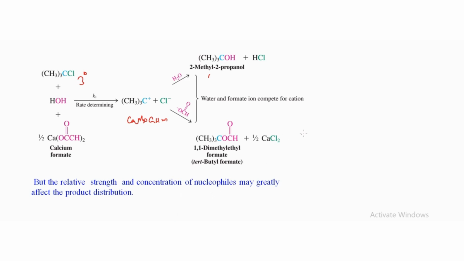Some of the substitution product may form in excess amount, or some will be in the lower amount, based on the strength and the concentration of the nucleophile. Please remember that the strength of the nucleophile is not at all involved in the rate of reaction, but the product distribution will vary. Okay, so this is the example.